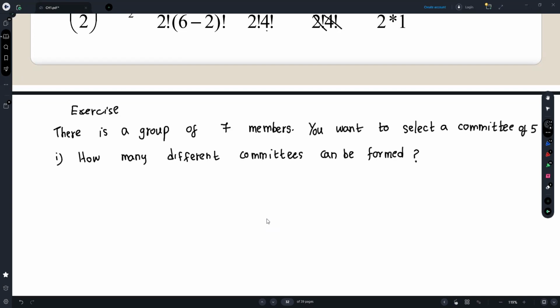So how do you find it? You have to choose 5 out of 7. Okay, just a committee. So no ranking, no president, secretary, nothing. Just a committee of 5 out of 7. Yes. Find the value and share it with me.